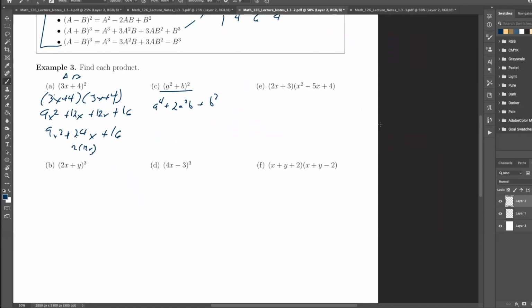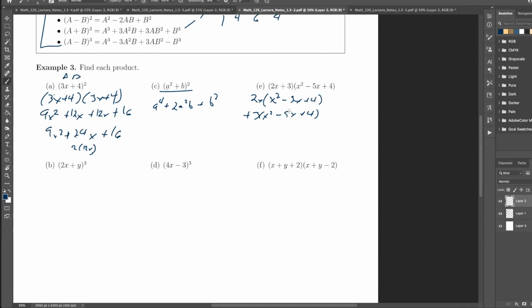Let's go ahead and do this one. So here we have 2x plus 3 times this. And so the only way to do this is to distribute. 2x times x squared minus 5x plus 4, plus 3 times x squared minus 5x plus 4.